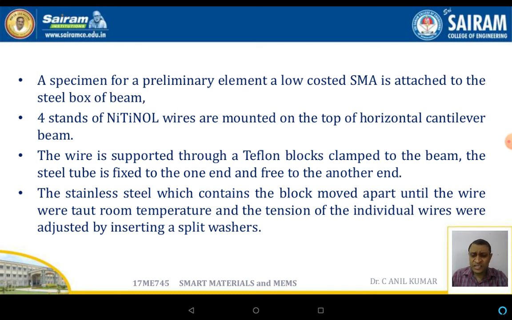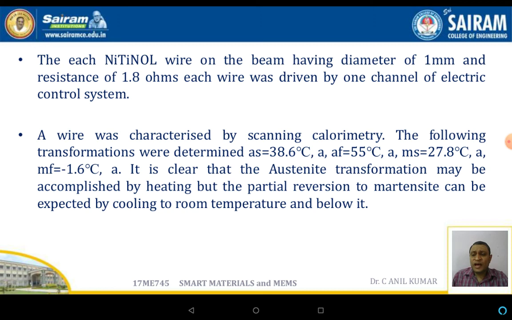The stainless steel blocks move apart until the wires are taut at room temperature, and the tension of the individual wires was adjusted by inserting split washers. Now each nitinol wire of the beam has a diameter of 1 mm and a resistance of 1 ohm, and each wire was driven by a channel of the electric control system.